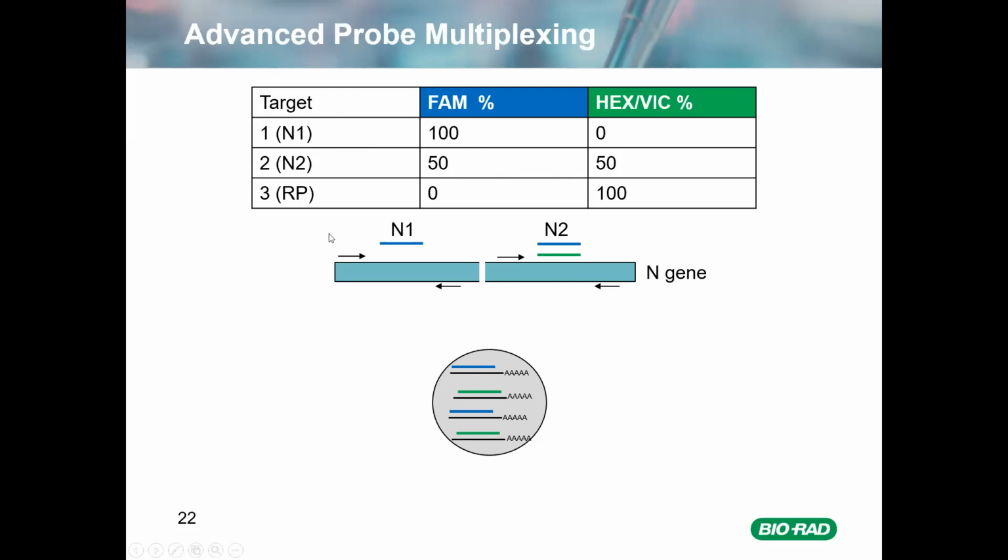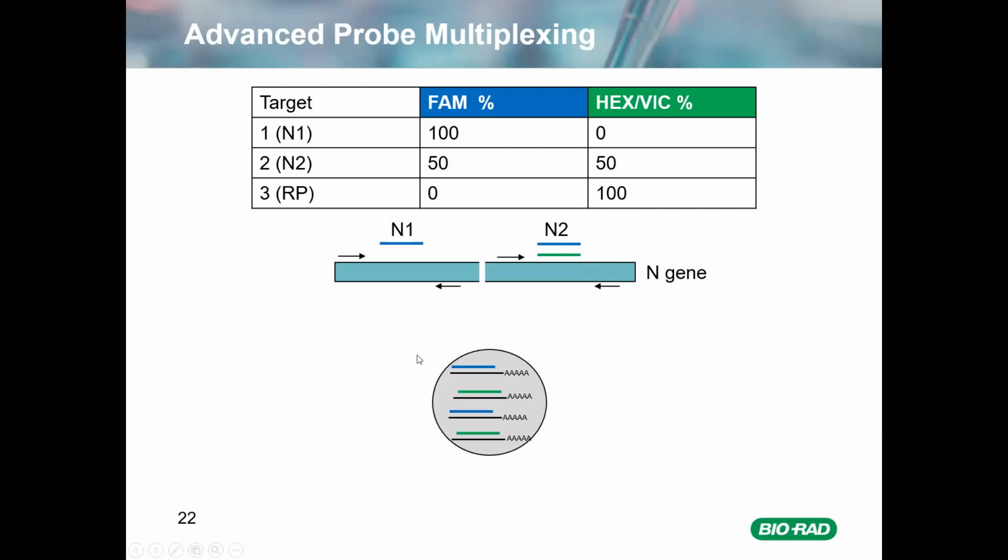So if we look down here at our N gene, we've got our N1, which is 100% FAM. So anytime we amplify our N1 target, we are hydrolyzing just the FAM probe. Now for N2, again, it is an identical probe. The only difference between this probe is that one is labeled with FAM and one is labeled with HEX.